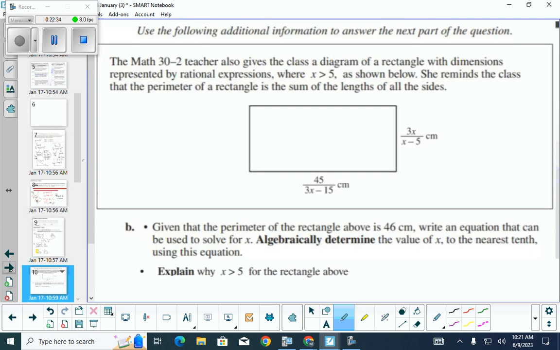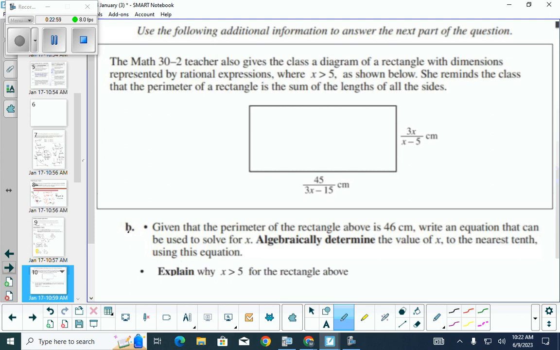Okay, so this is the same question, because notice it says part B now. It says the Math 30-2 teacher also gives the class a diagram of a rectangle with dimensions represented, where x is greater than 5 as shown below. She reminds the class the perimeter of the rectangle is the sum of all the lengths.